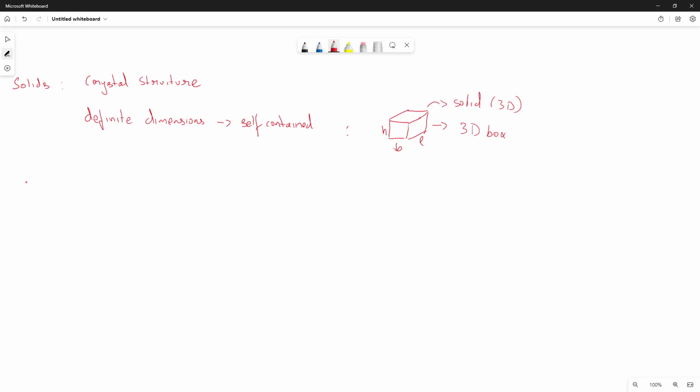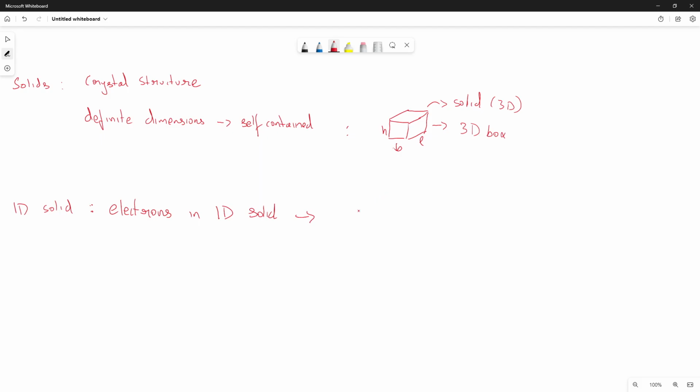So let us say instead of a 3D solid, I have a 1D solid. Now, what about electrons in a 1D solid? What is an easy way of describing electrons in a 1D solid? They are confined in one direction.